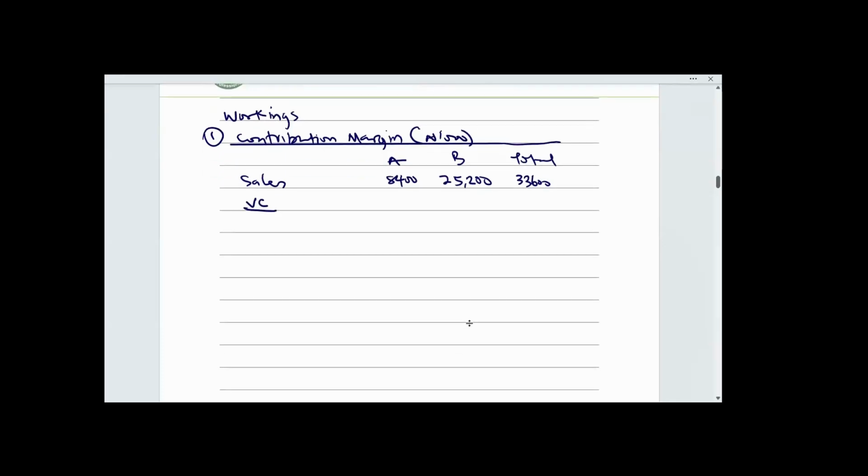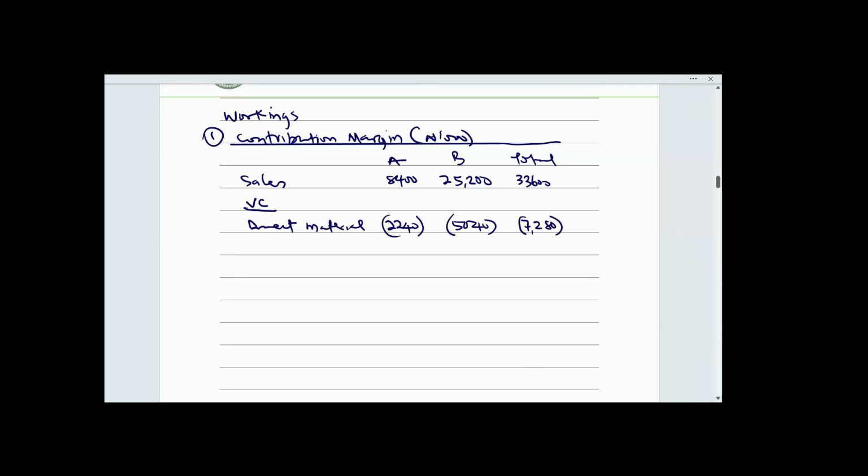To get the variable cost, we are given direct material. Direct material of product A is 2240, then 5040. This will give us 7,280.